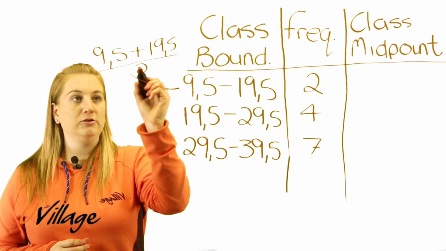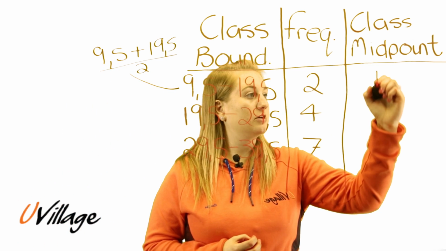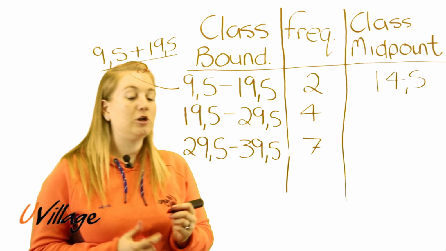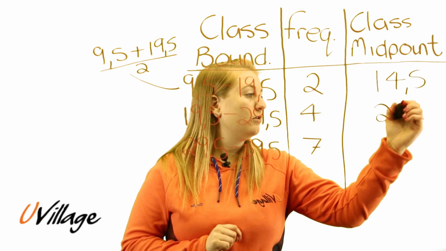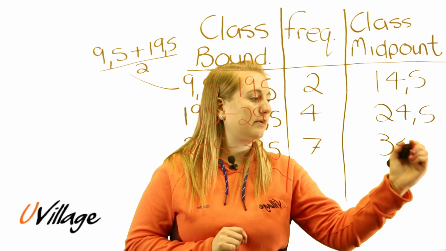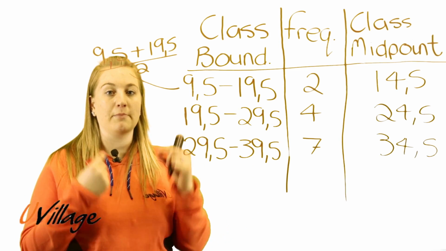Then we divide it by 2, and that will give us our midpoint. So for the very first class, we get a midpoint of 14.5. Doing that for the rest of the classes, we'll get a value of 24.5 and 34.5 in the next class. These are just referred to as the midpoints.